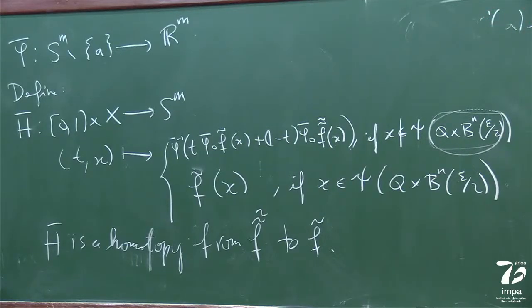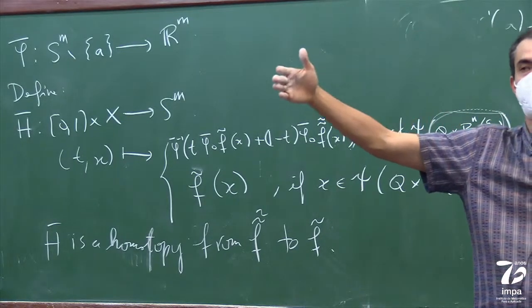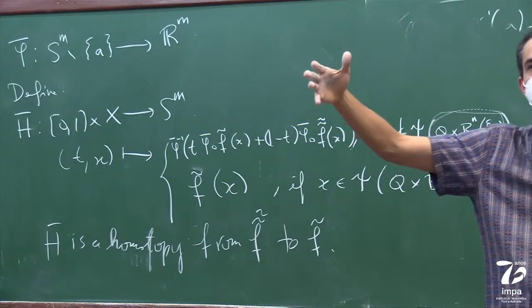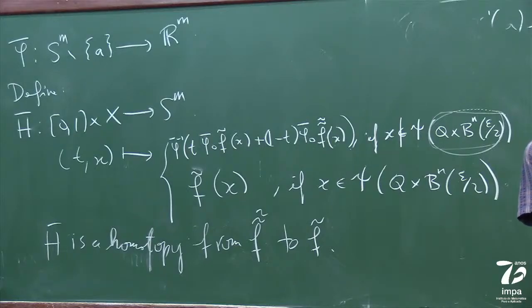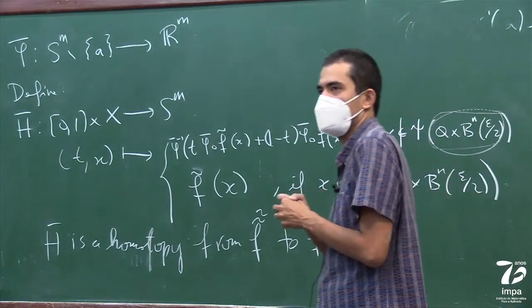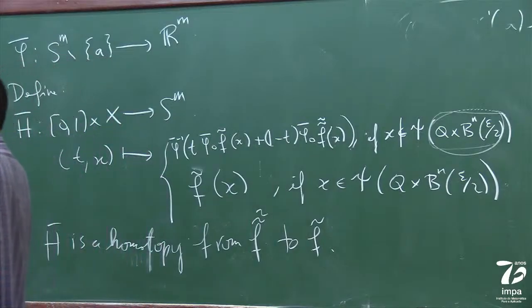So you use two linear homotopies, but to be able to use the second one, you have to make sure that you didn't add any new piece of the pre-image, any new piece that gets taken to A by this intermediate map outside of these little neighborhoods of Q0. And that's a technical fact that you can prove if you take a ball that's sufficiently small. Okay? All right, so that's it.